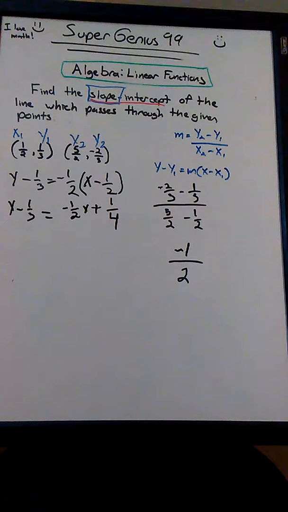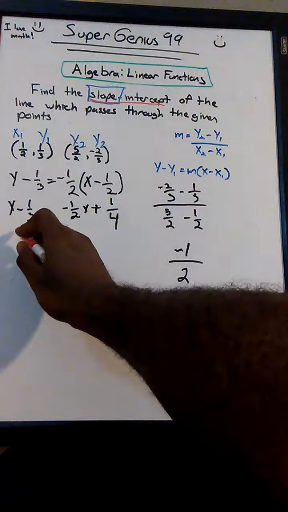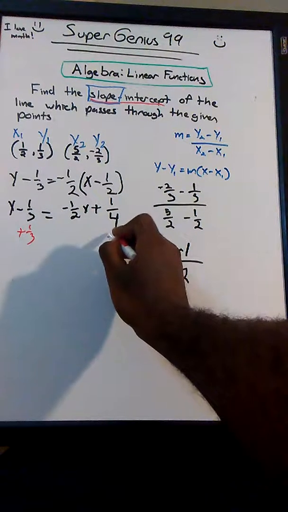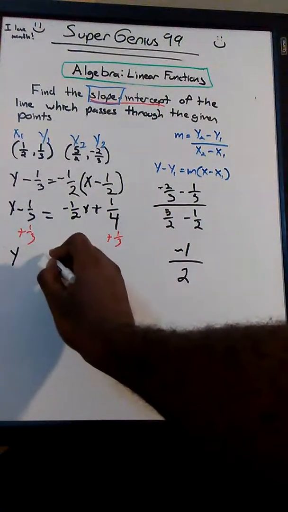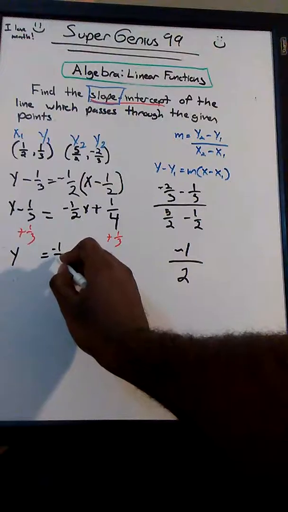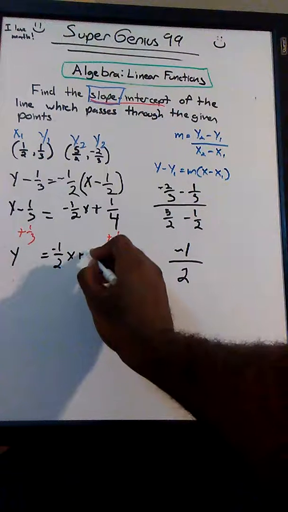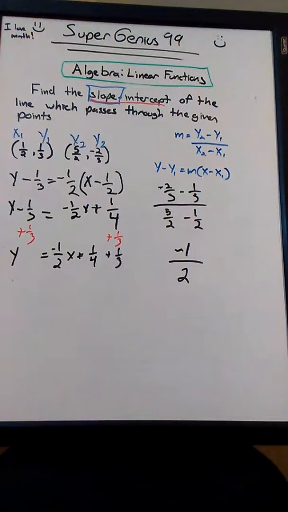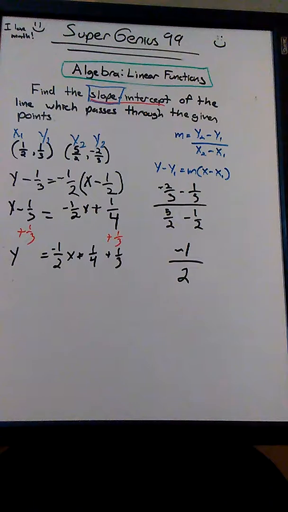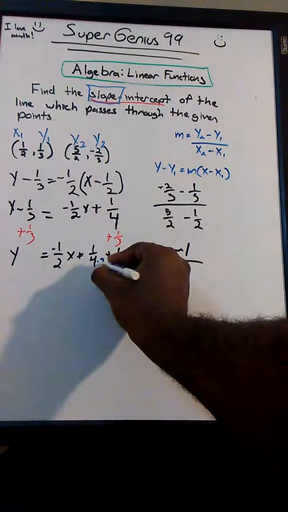So what's the next step? Isolate the y. We're going to isolate the y by adding 1/3 to both sides. So that gives us y is equal to negative 1/2 x plus 1/4 plus 1/3. Okay, so what's the common denominator when you have 1/4 and 1/3? Yes, 12. I need to multiply 4 by what number to get 12? 3 over 3.